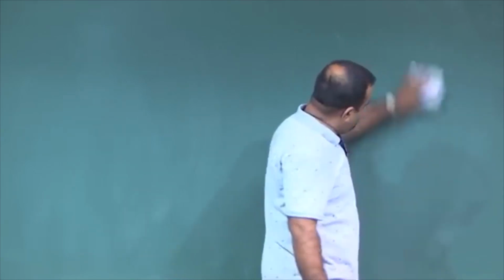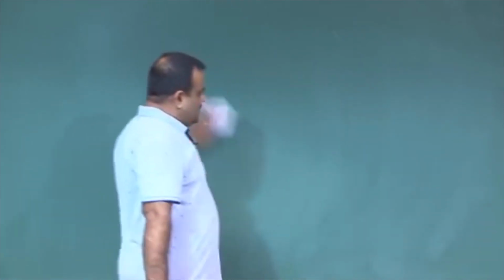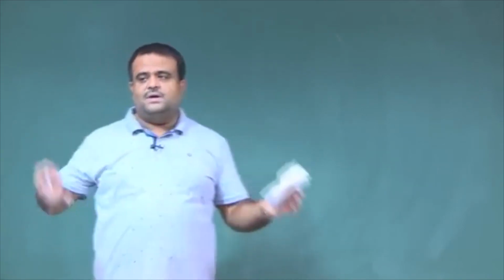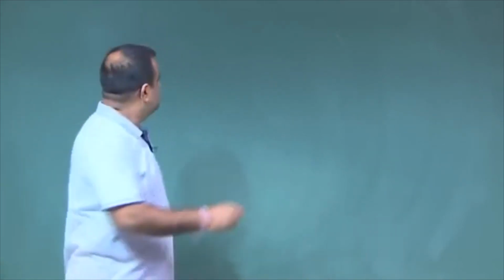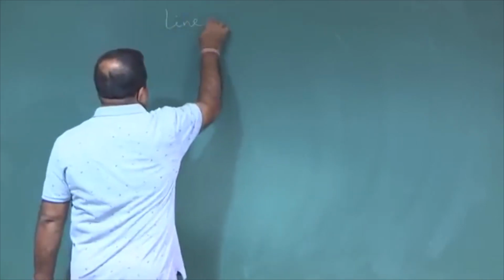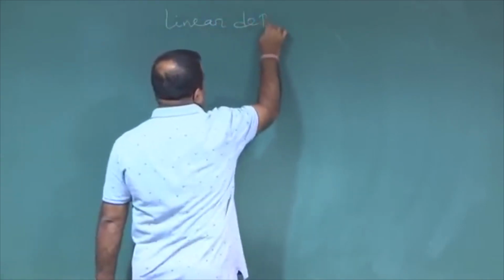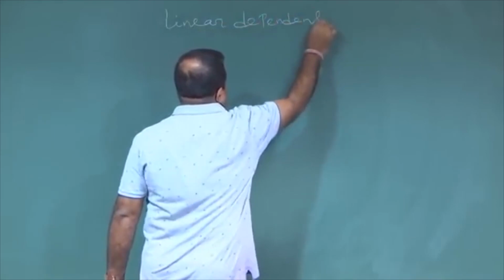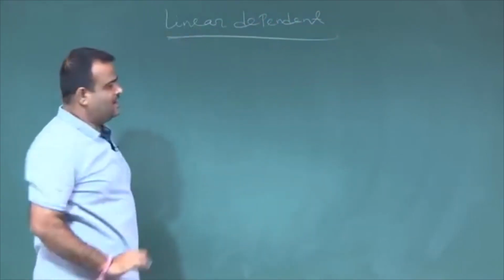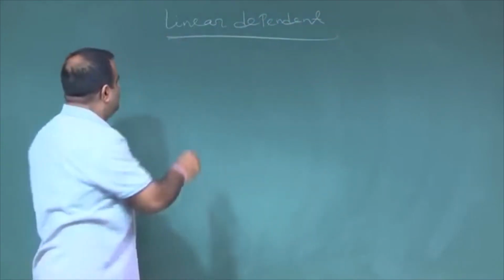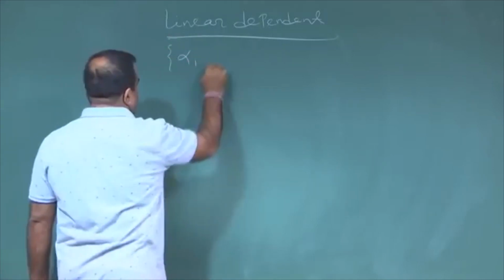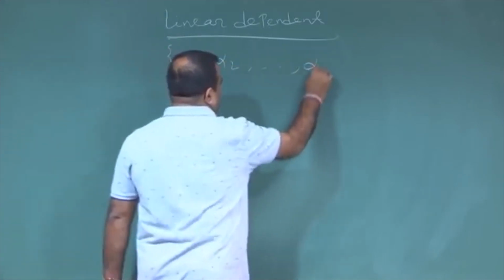Now, we will define what we mean by linearly dependent and linearly independent sets of vectors. So, suppose we have a set of vectors, say alpha 1, alpha 2, ..., alpha k.